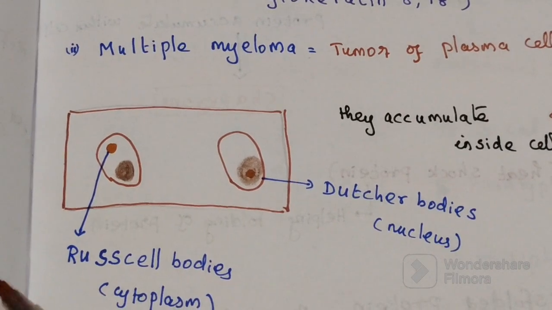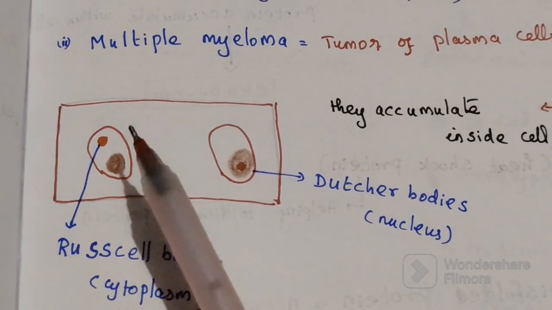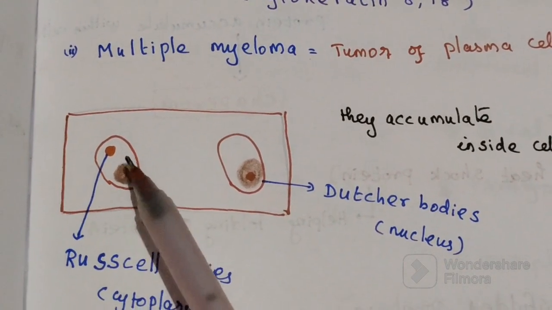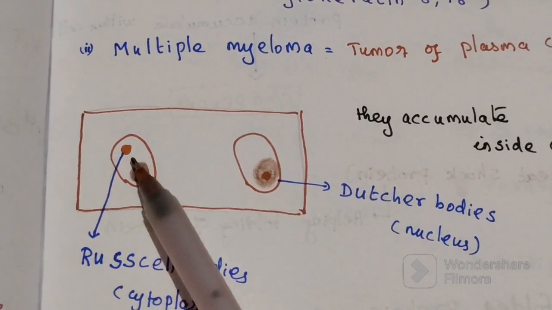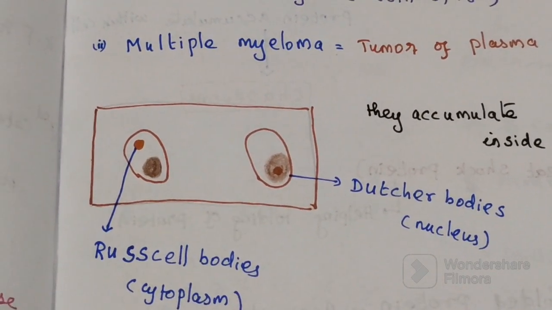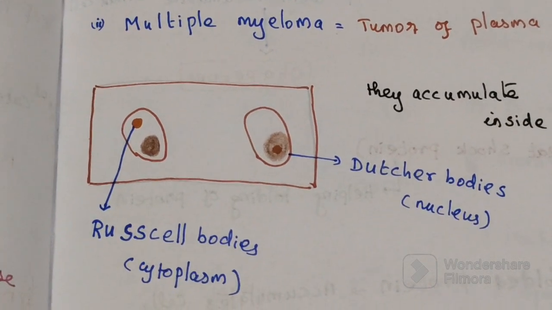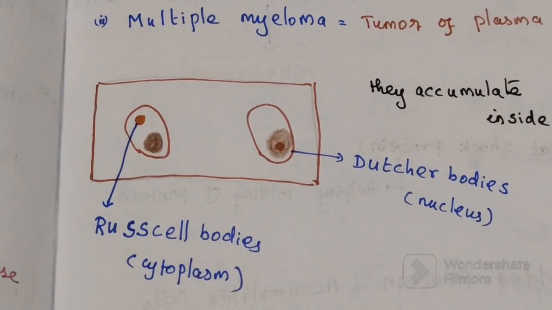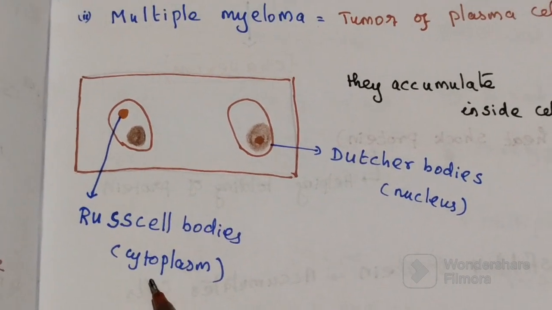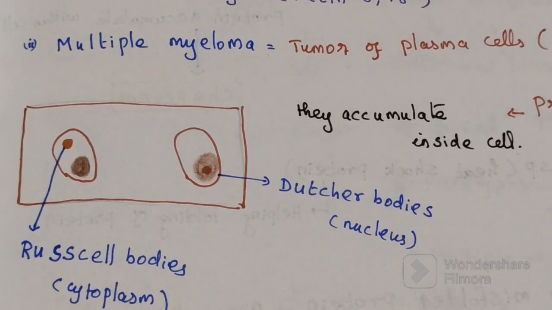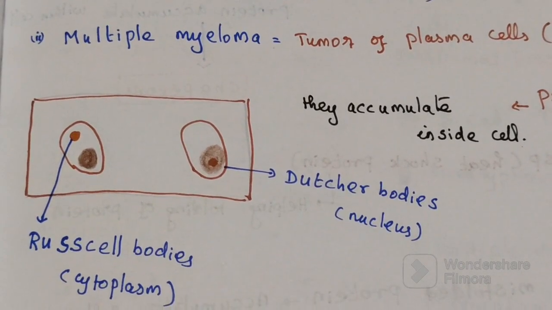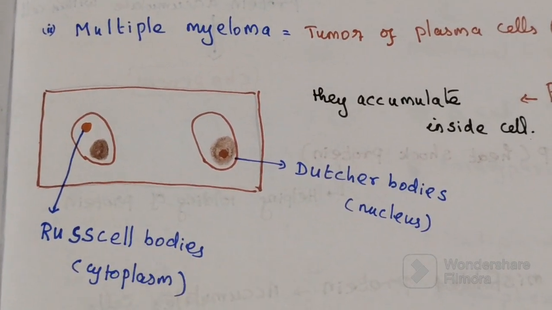If the protein starts to accumulate in the cytoplasm, which protein? This immunoglobulin, we call them Russell bodies. If the immunoglobulin accumulates in the cytoplasm, we call this Russell bodies.